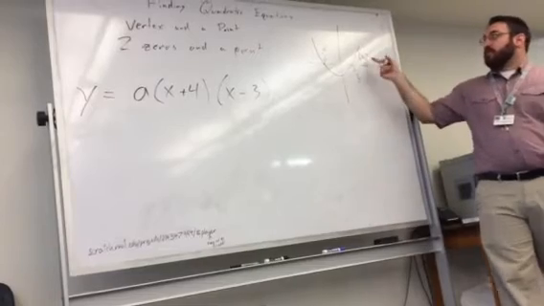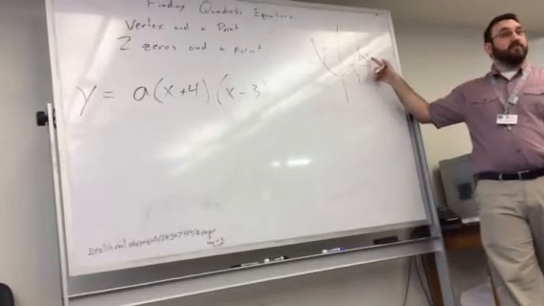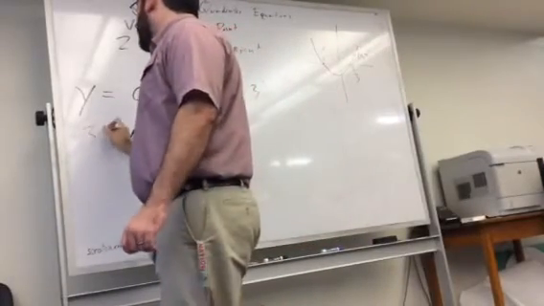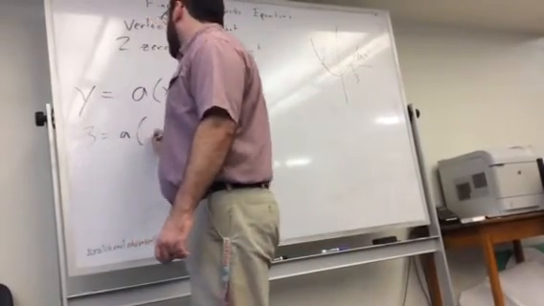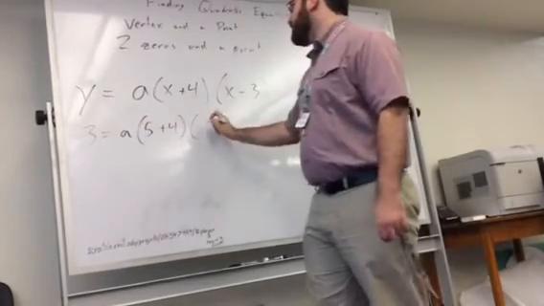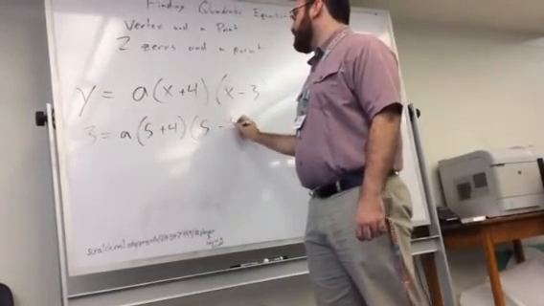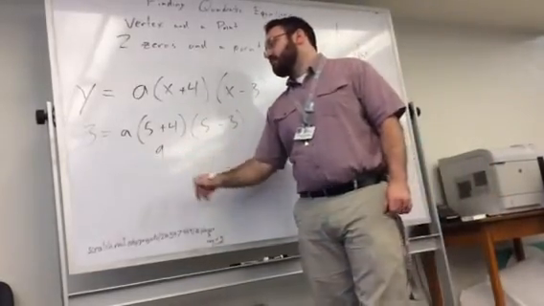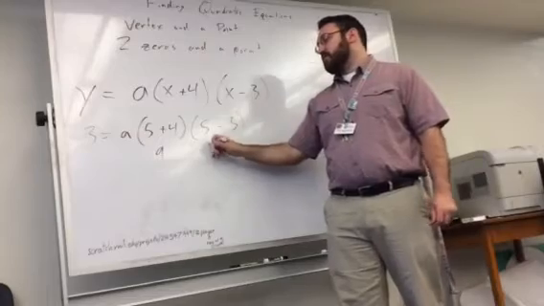So I'll plug in our point. 5, 3, x is 5, 3 is y. So I get that 3 is equal to A times 5 plus 4 times 5 minus 3. 5 plus 4 is 9. 5 minus 3 is 2.